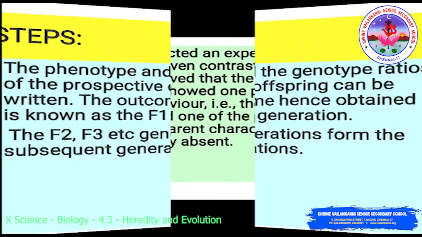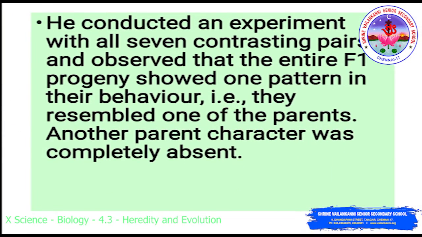Mendel conducted an experiment with all 7 contrasting characters and observed that the entire F1 progeny showed one pattern: they resembled one of the parent characters. The other parent character was completely absent. So one of the characters is expressed and one is hidden.